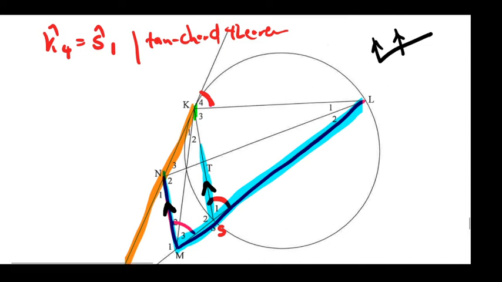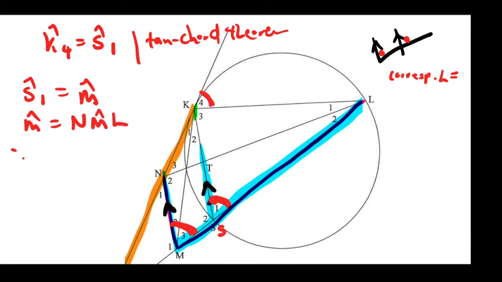It means this angle here is equal to this angle here by corresponding angles equal. So we can simply say that angle S1 is equal to angle M, which is basically NML.